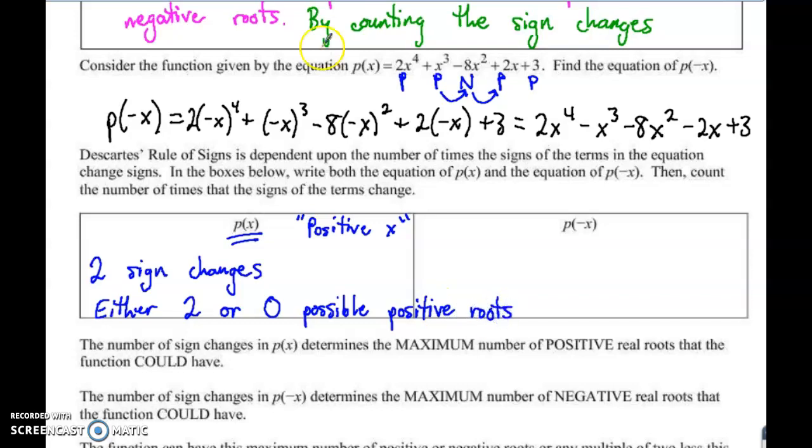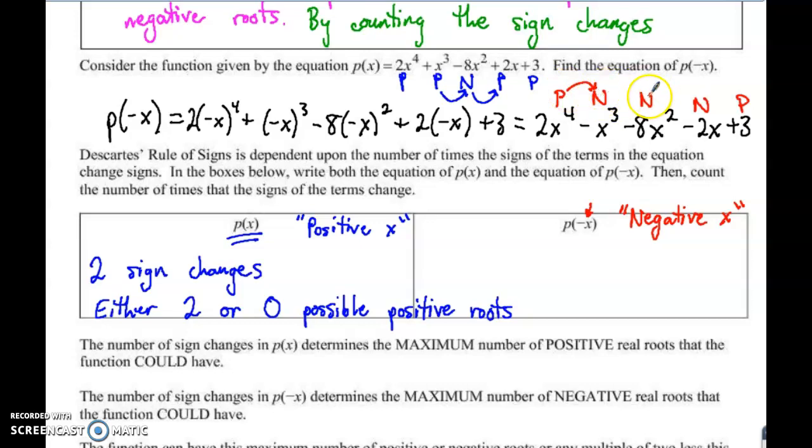So let me switch colors for the negative one. Right there we're looking at a negative x. So we look at the negative equation that we had, which went positive, negative, negative, negative, positive. So what I'm seeing here is going from a positive to a negative switches.